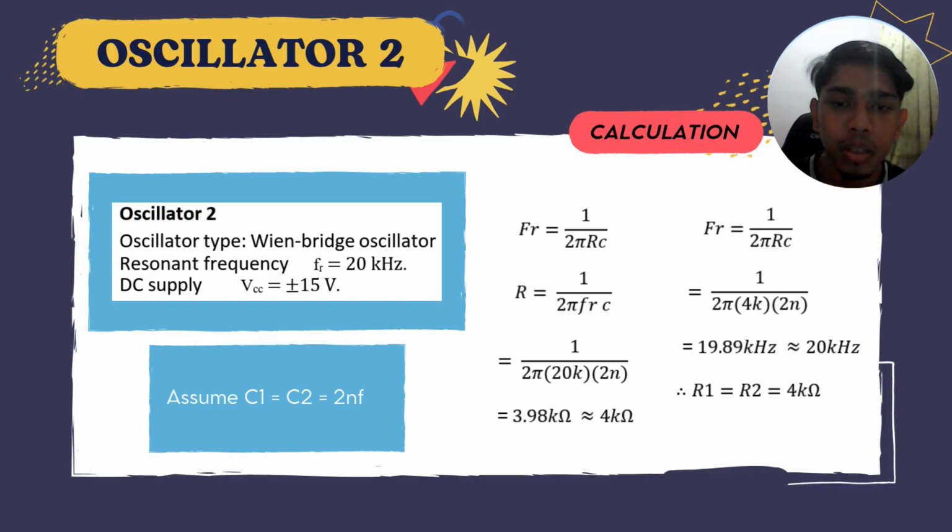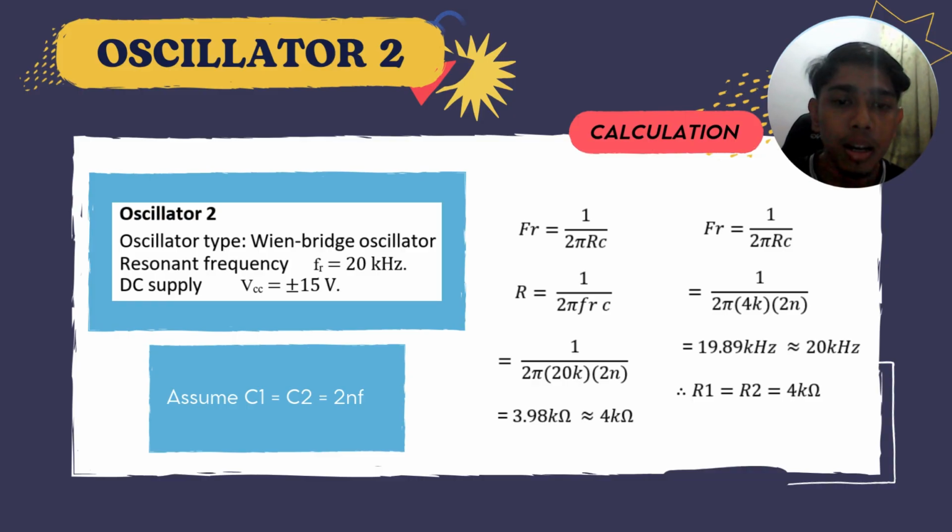Today, I will explain about oscillator 2. The type of oscillator is Wien bridge oscillator. The resonant frequency is 20 kHz. The DC supply is 15 volt. For the resonant frequency, we use the formula 1 over 2 pi RC.